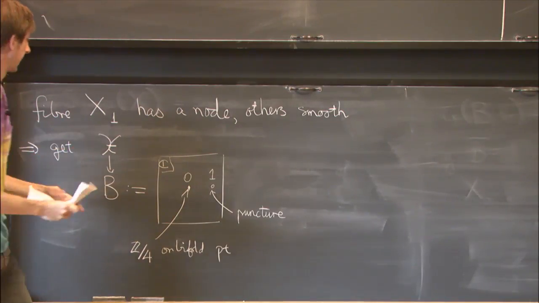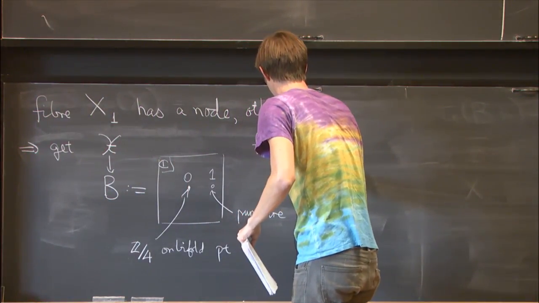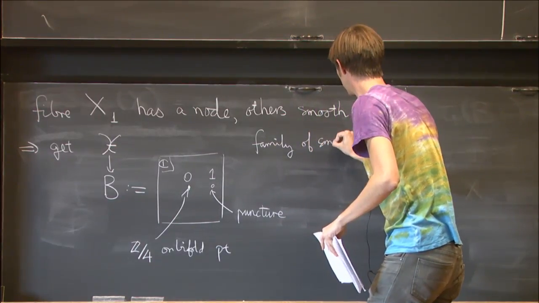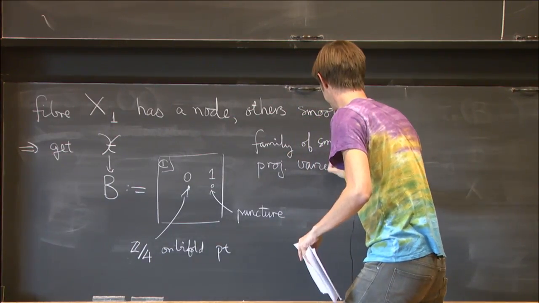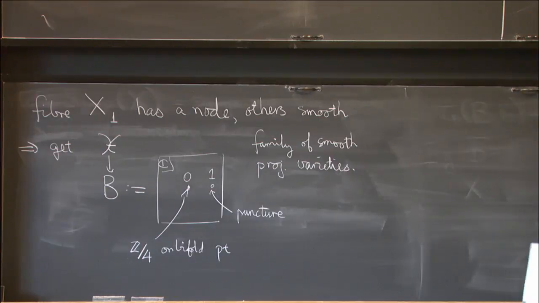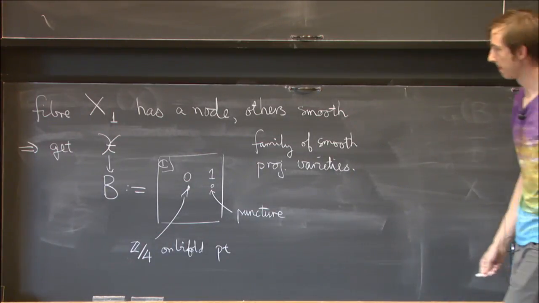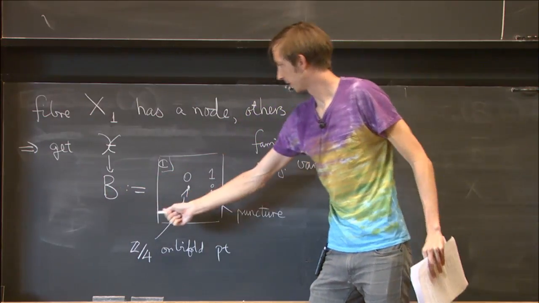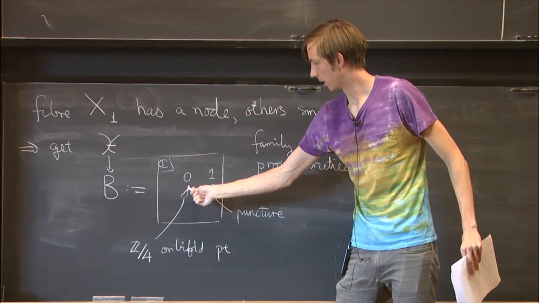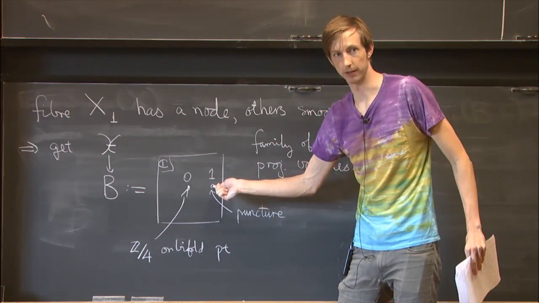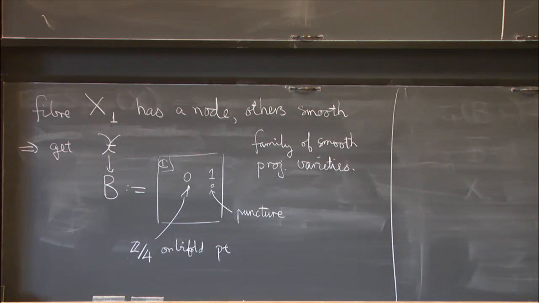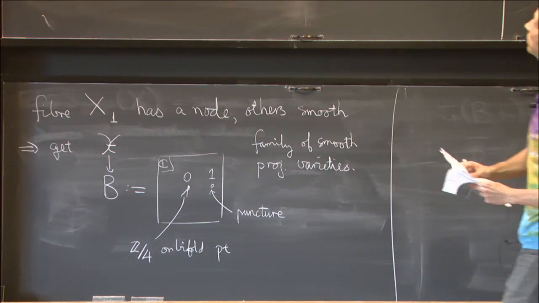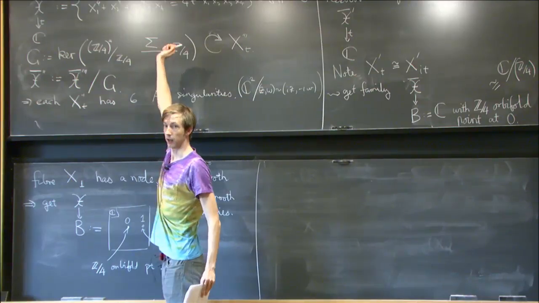So when we remove that one, we get a family of smooth projective varieties over this base B, which is the complex plane with one orbifold point at the origin and one puncture at 1. T equals 0 is the Fermat.